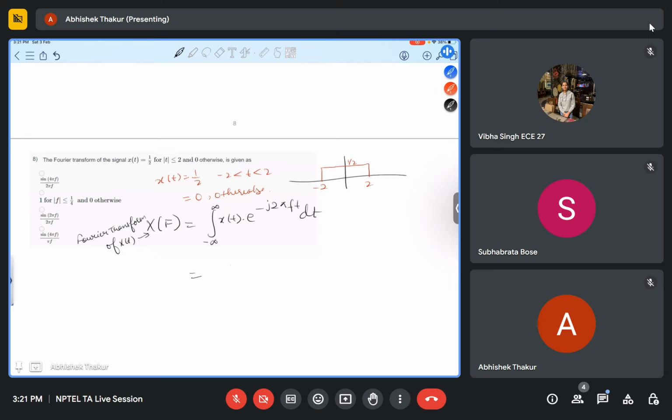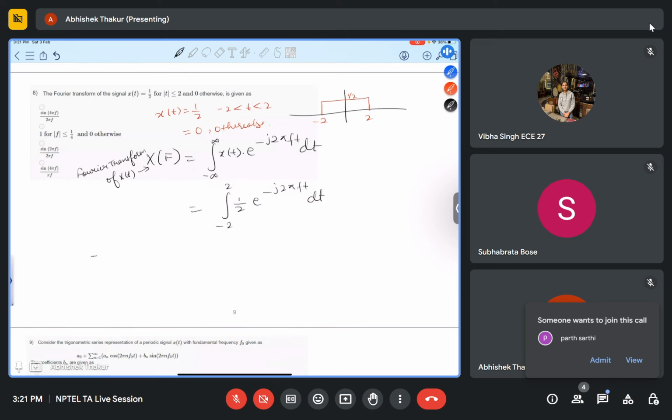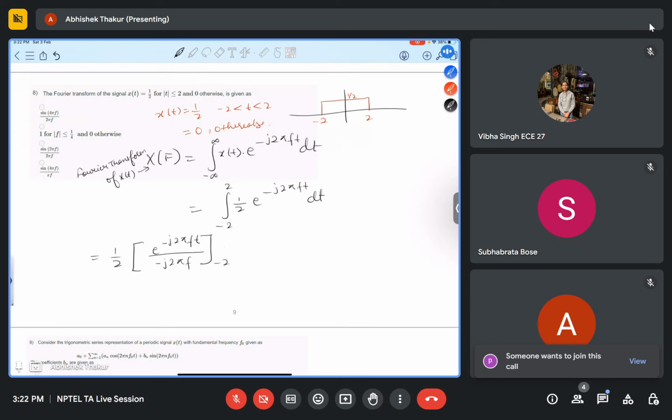Now the value of x(t) is half in the range of minus 2 to 2, and for all other values it is 0. So the integration will run from minus 2 to 2, with x(t) value half, e to the power of minus j 2 pi f t dt. So this will become half, e to the power of minus j 2 pi f t divided by minus j 2 pi f, and this value is from minus 2 to 2.